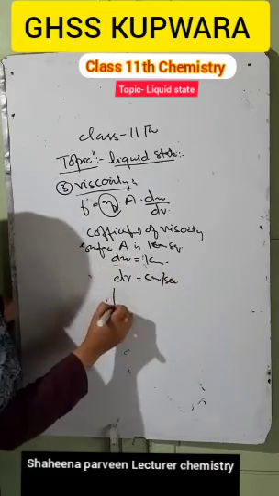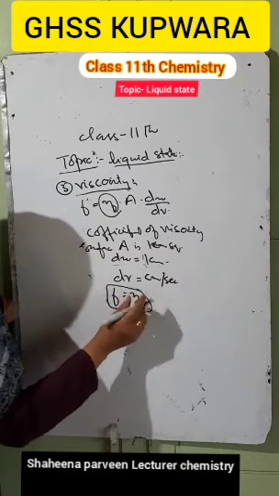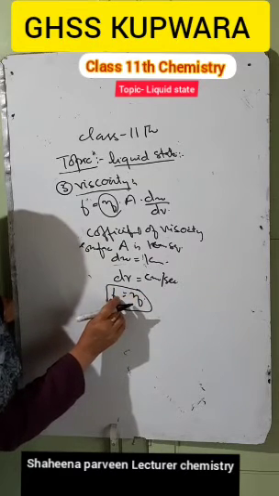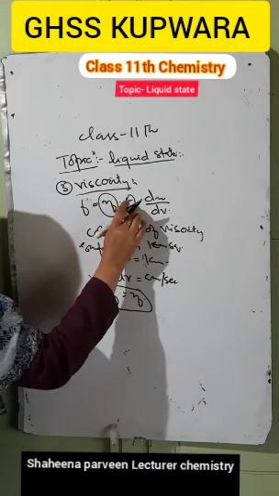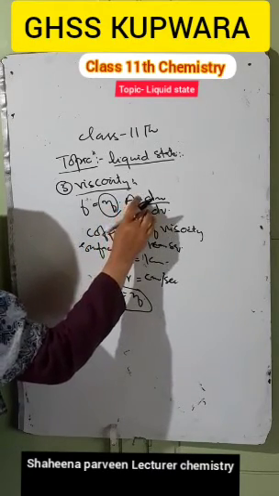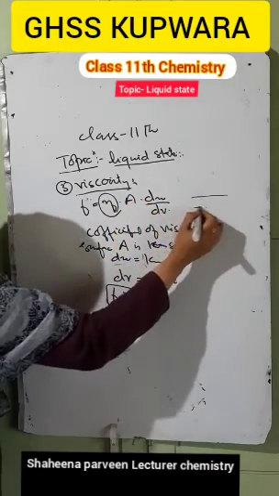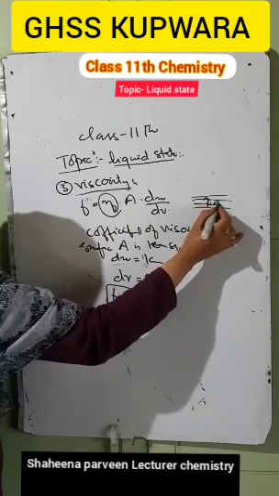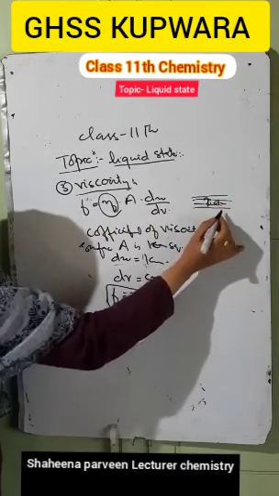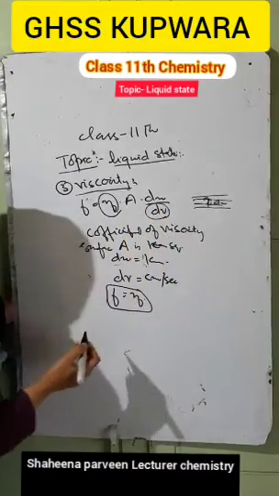At that time F, that's called the eta, the coefficient of viscosity, may be defined as the frictional force provided by the liquid when the liquid has an area of cross section of 1 centimeter square and the distance between the two liquid layers, जो यहाँ पर हमने consider की थी, उनके दरमियान जो distance है that's called the 1 centimeter dx, and velocity gradient जो है उनका that's called the dv.